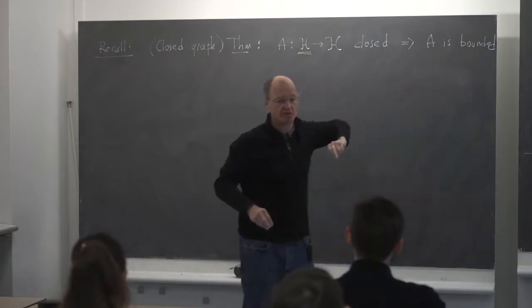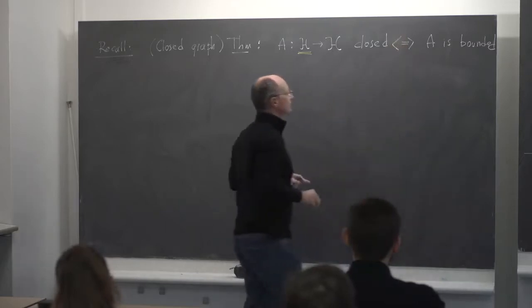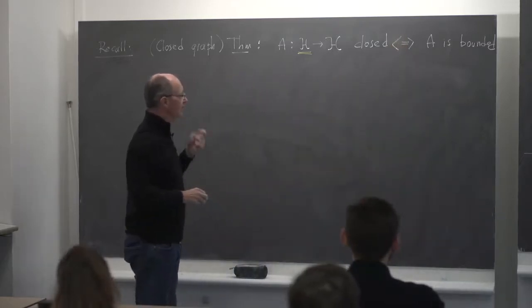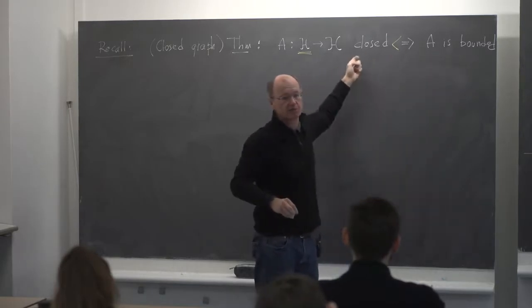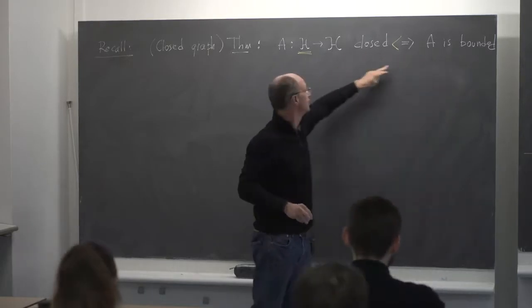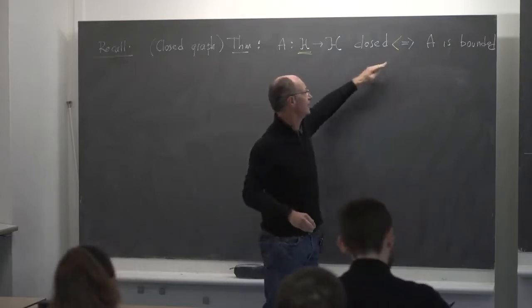You cannot have an unbounded operator. In fact, there will be a small exercise for next Wednesday to prove the other implication. If A is bounded, then it is necessarily closed. So that's an easy fact.